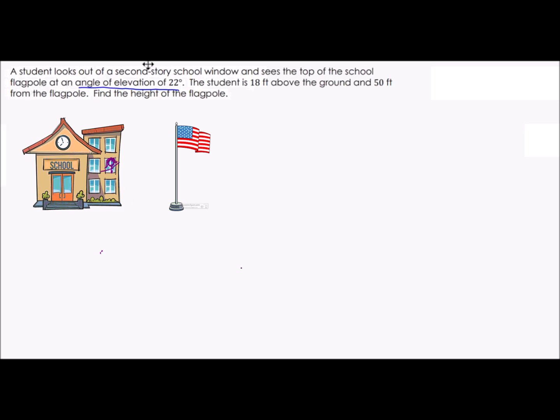Okay, it says that the student looks out of the second story window and sees the top of the school flagpole at an angle of elevation of 22 degrees. So again, remember that we've got this sight line and they're looking up at the top of the flagpole. This is that angle of elevation from the line of sight up to whatever they're looking at.